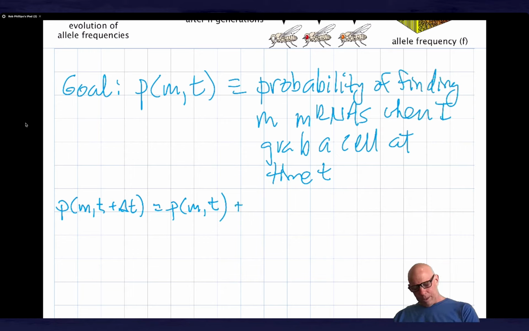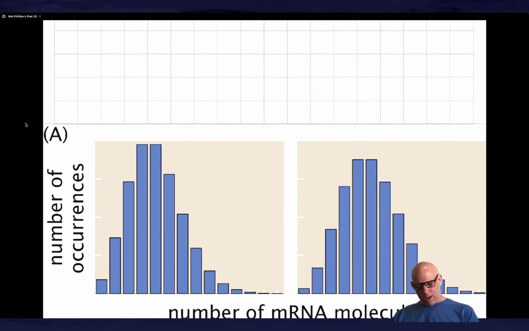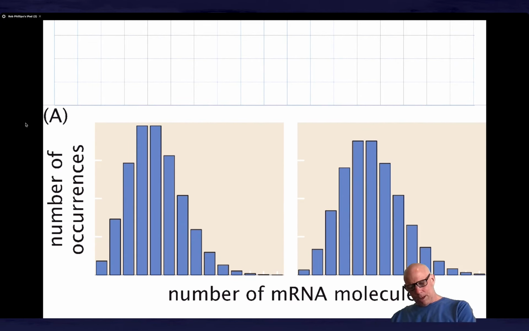So one of the things that could happen is that I could transcribe if I'm currently at m minus 1. So in other words, the transition from this skyscraper to that skyscraper gets a green arrow because it increases the height of this particular skyscraper.